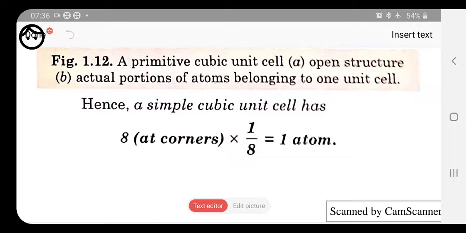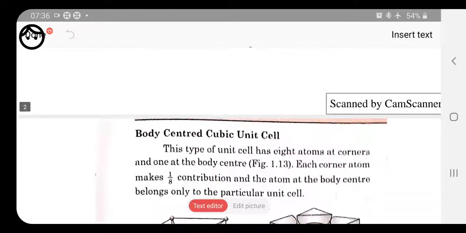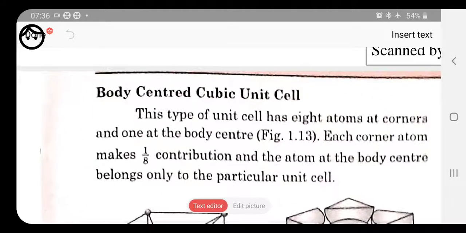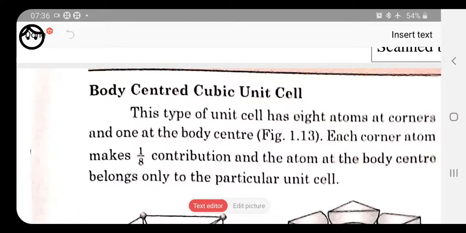With the help of this we can calculate for the primitive unit cell. Second is the body centered unit cell. In this type of unit cell, we know that at the corner every constituent particle should be present.